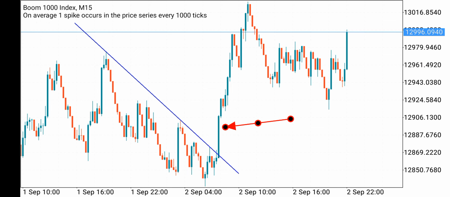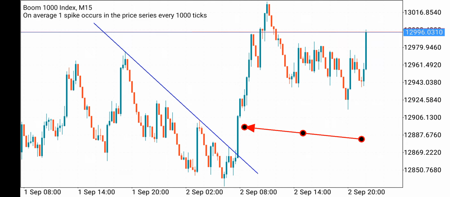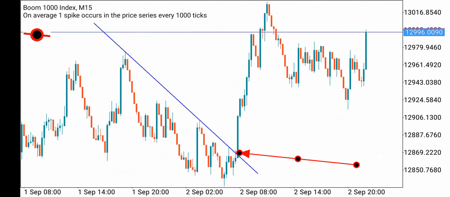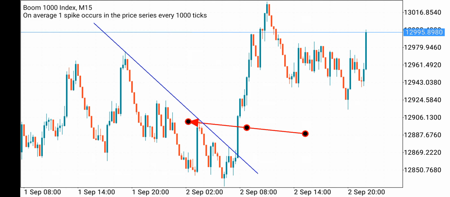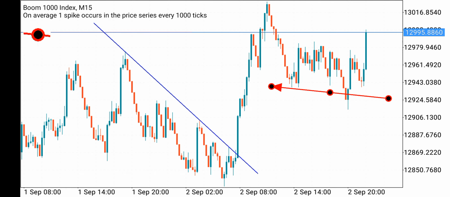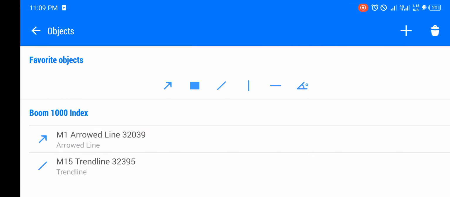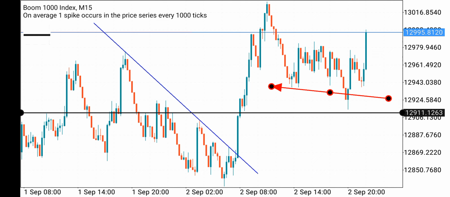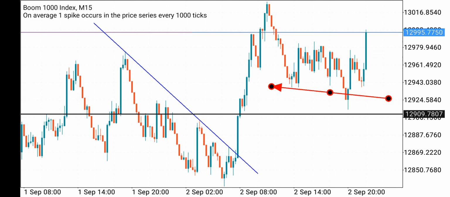Personally, I look out for a candle with very big bullish momentum, like here. If you look well, this candle was very big and very bullish. After the closure of this candle is where I take my entry point, somewhere around here. Let's say I take my entry here now.